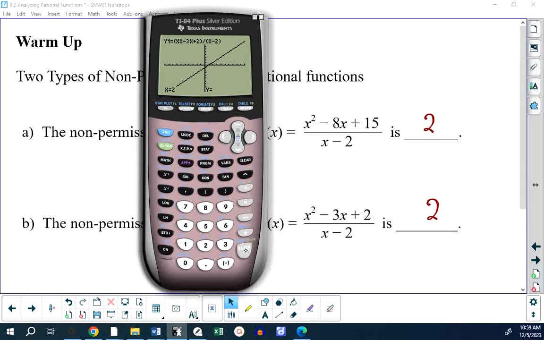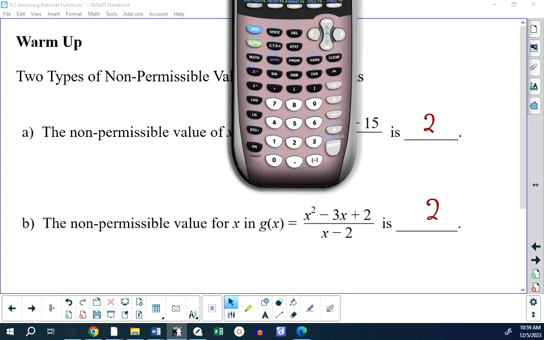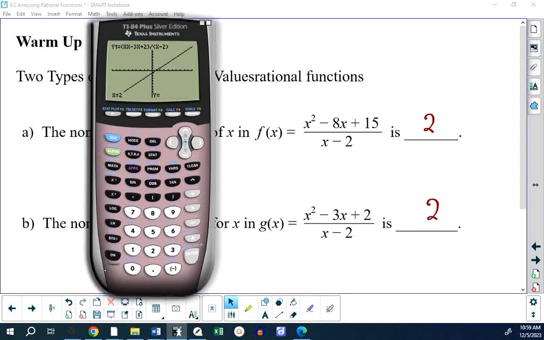I can put into this function, g of x, which is at the bottom of the screen, for x any number as close to 2 as I can conceivably imagine, and I'm able to calculate a y coordinate. But I can't put in 2.